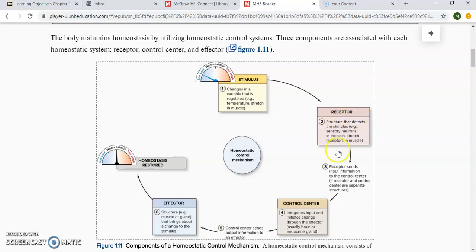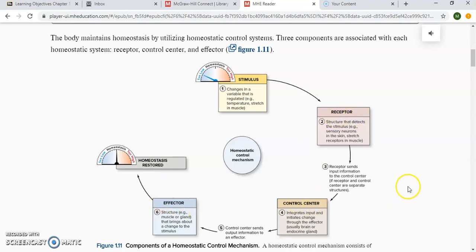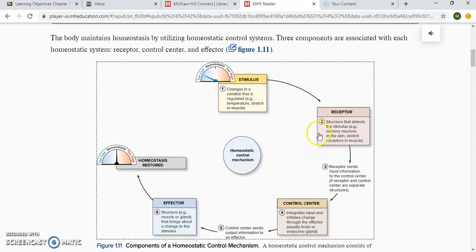So these three things, receptor, control center, and effector, you will always have in every homeostatic control system. And it's important. I'll ask you questions about what the receptor does, what the control center does, what the effector does, what the most common examples of receptors in the body are, the common systems or parts that serve as control centers, and again, common parts that serve as effectors too.